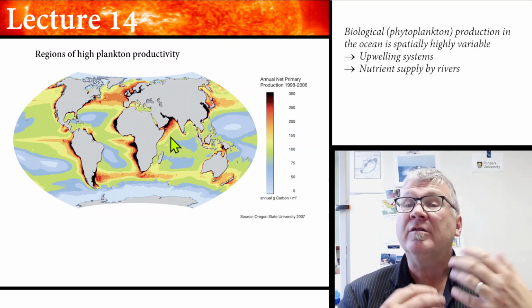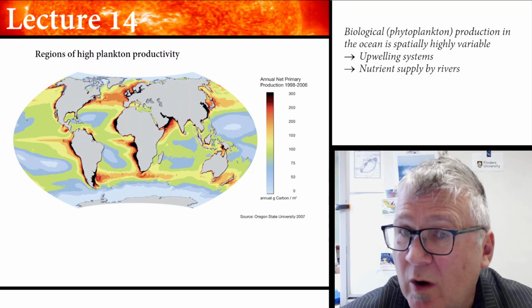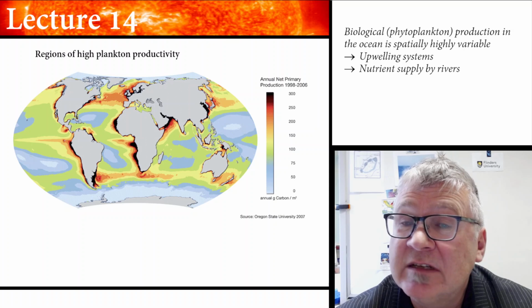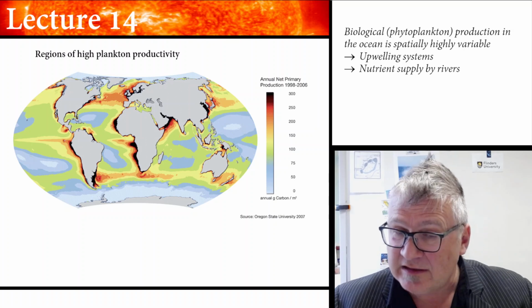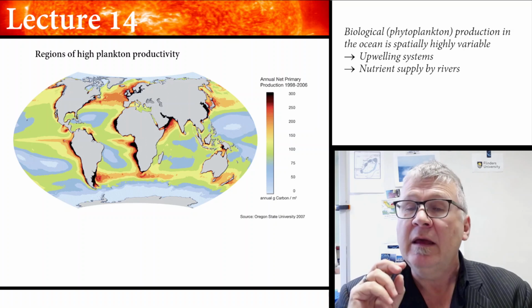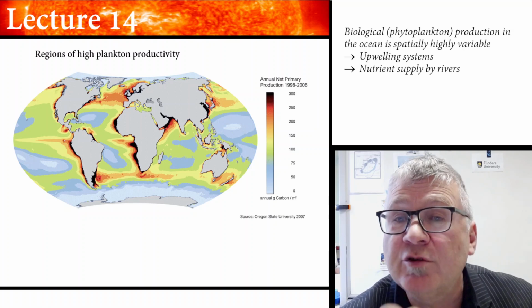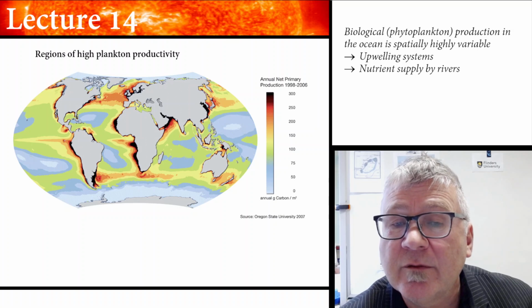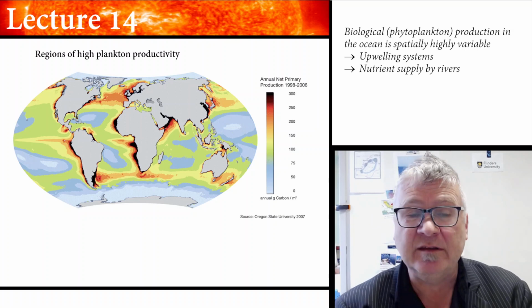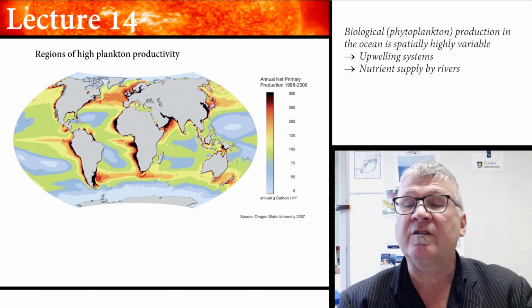And this is now linked to the process that I mentioned before. One reason is coastal upwelling systems, a wind-driven mechanism lifting nutrient-rich water into the euphotic zone. And the other reason is the nutrient supply by rivers.